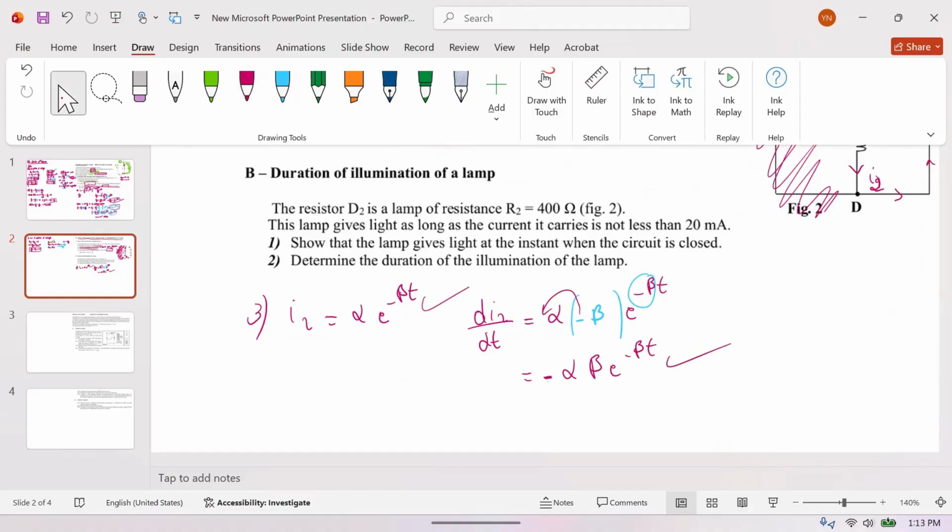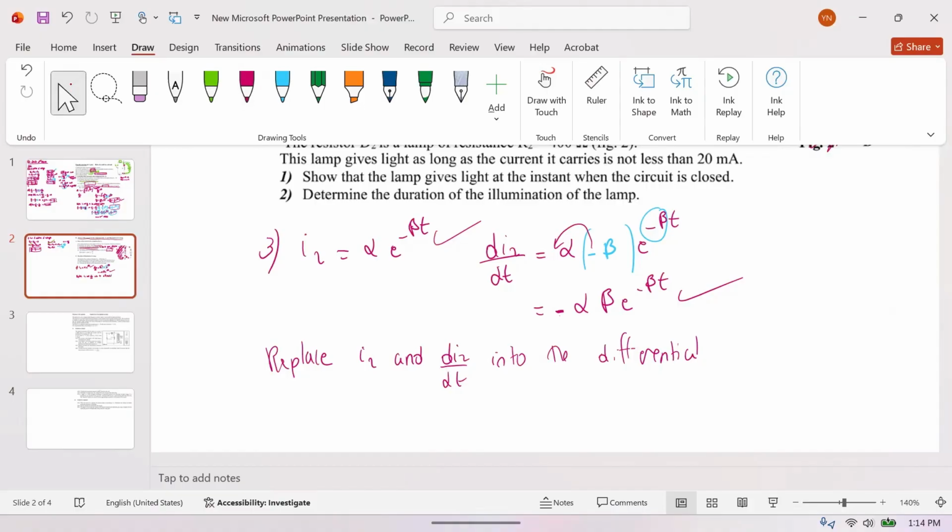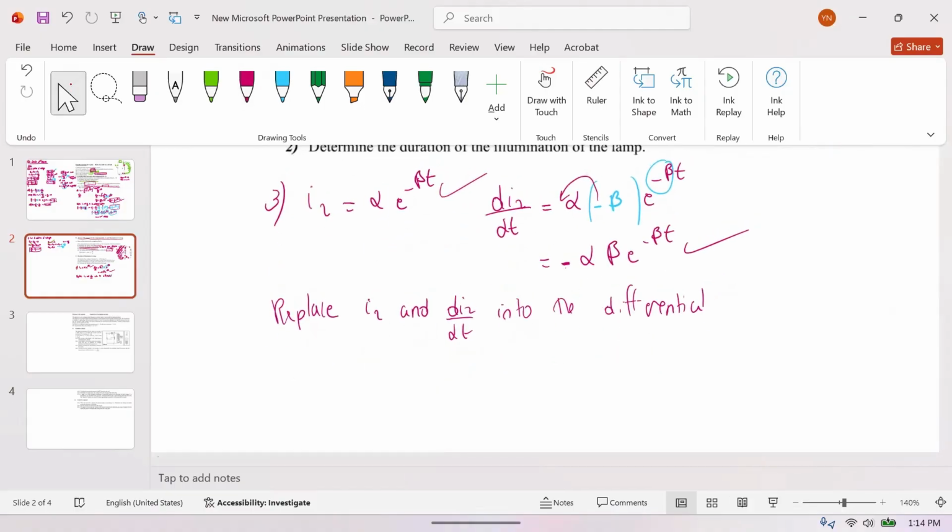Now I tell them that I have to replace I2 and di2 over dt into the differential equation. That's supposed to be really easy by now. Instead of proving that we have 0 equals 0, we simply just say that we solve the same thing, but we just have to get that alpha is equal to something and beta is equal to something.